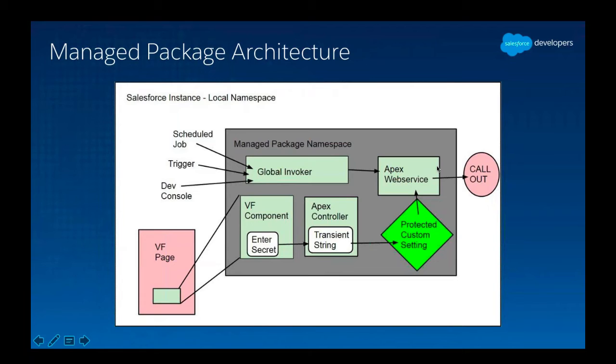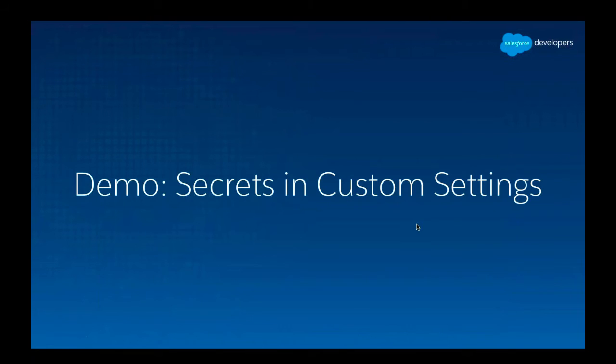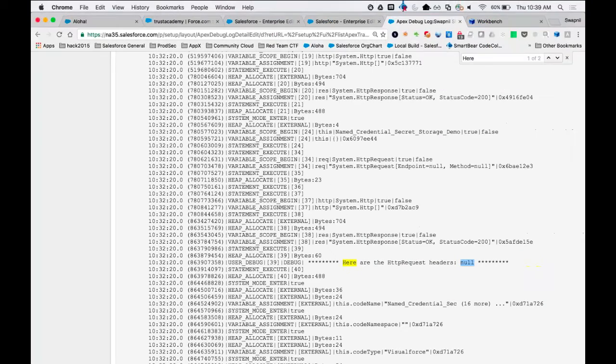Now, when you're making a callout to an external service, you'll use the Apex web service, which is inside your managed package, and there will be a global invoker which will be used by a scheduled job or trigger or dev console, things like that in your org. This global invoker will be invoked from there, which will access this Apex web service, which will only have access to these protected custom settings. All right, let me show you the demo for this.